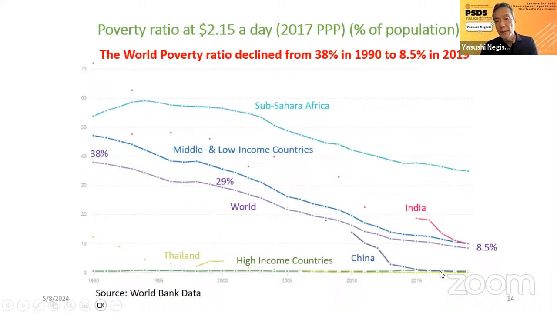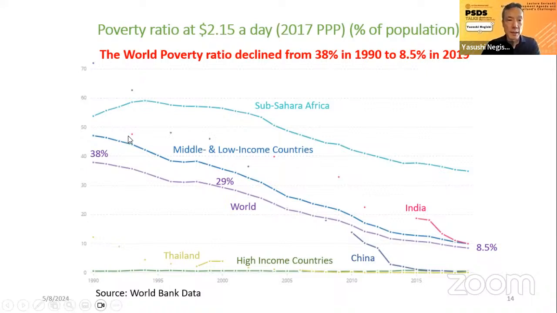Both countries do not have annual data on this, but in the case of China, in 1990 China's poverty ratio was over 70%, 72% in 1990, and currently this number is very close to zero. Same for India.